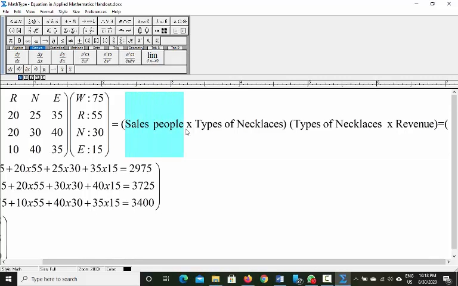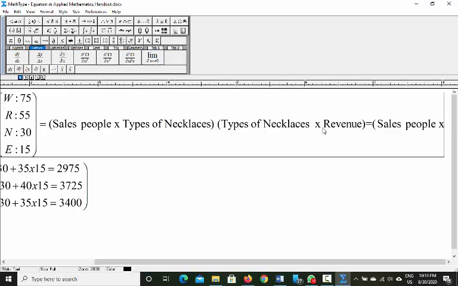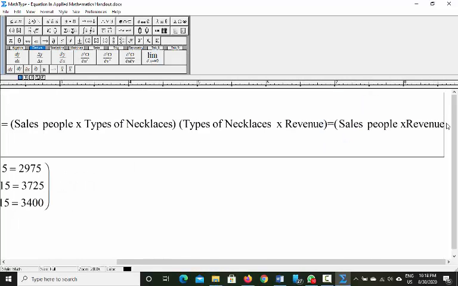In the row we will have salespeople, and in the column we will have revenue, or total income. So let us multiply.